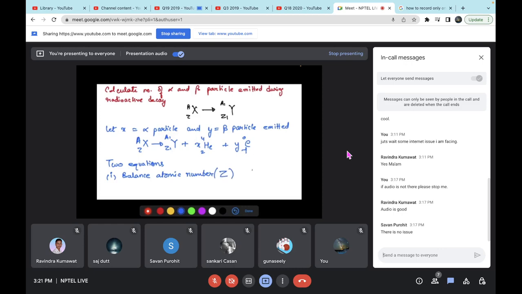So simply following left hand side is equal to right hand side. So it becomes Z from here equal to Z1 plus x into 2 and y into -1. So this will give me Z is equal to Z1 plus twice of x plus -1 multiplied by y. So this is my equation 1.